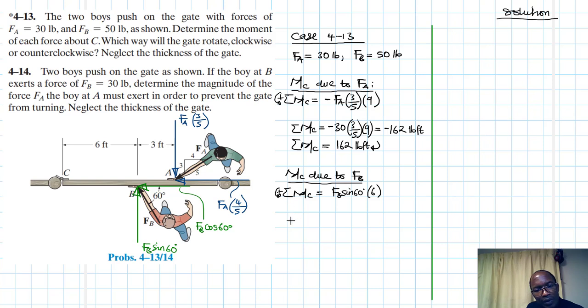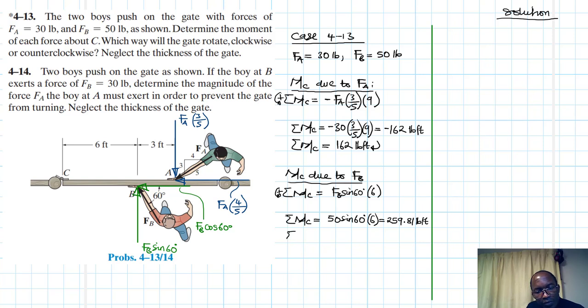Okay, and then we know what FB is. We said FB is equal to 50, so 50 sine 60 times 6. What does it give us? This gives us 259.81 pound-feet.